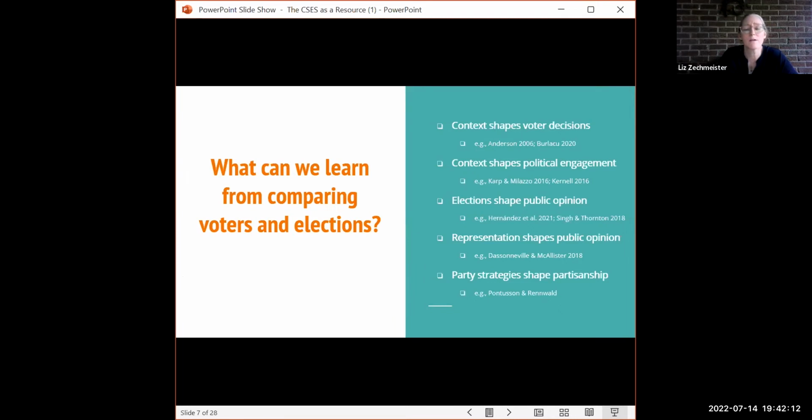So it's these types of research frontiers that are the rationale for the CSES project. The CSES project allows us to understand how citizens engage in their democracies amid a diversity of electoral rules, political systems, economic contexts, party types, lines of conflict, and more.